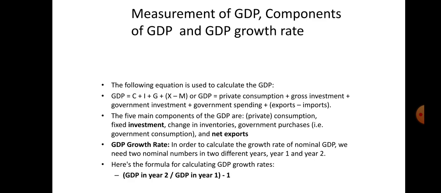The five main components of the GDP are private consumption, fixed investment, change in inventories, government purchases, and the trade balance.